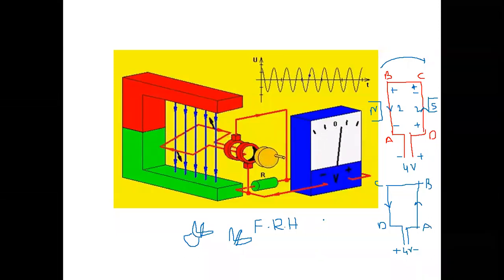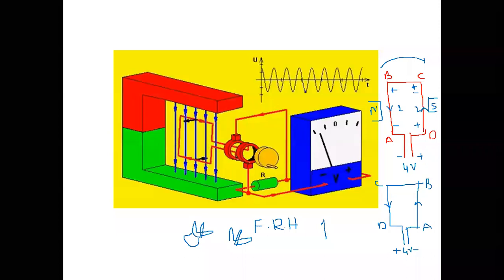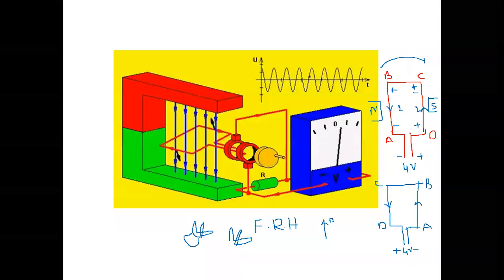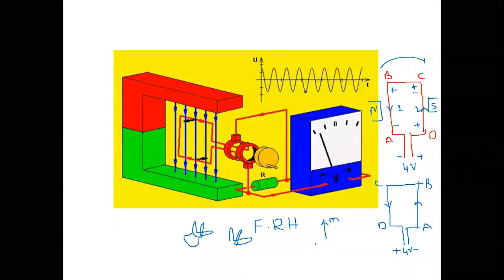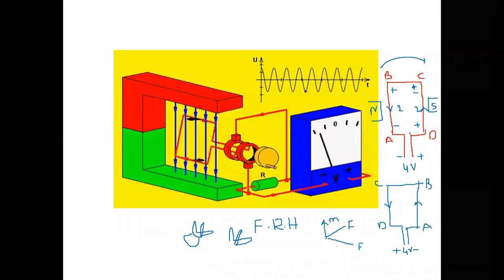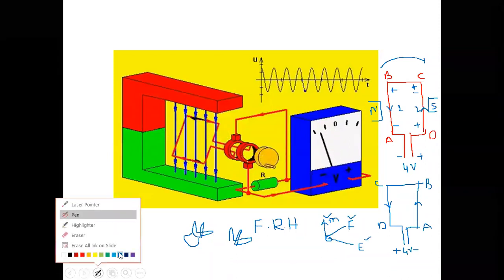If the thumb indicates motion of the conductor or direction of rotation, and the forefinger indicates direction of flux, then the resultant second finger indicates direction of induced EMF. So place your thumb, forefinger and second finger perpendicular to each other.